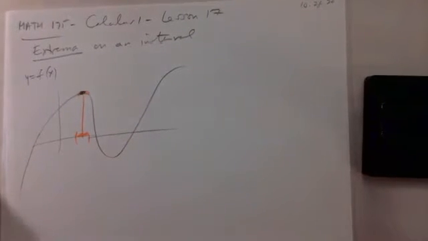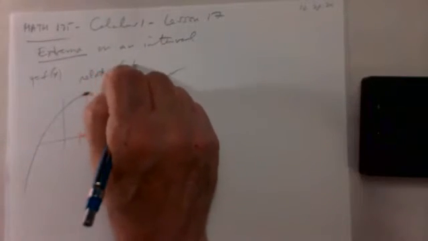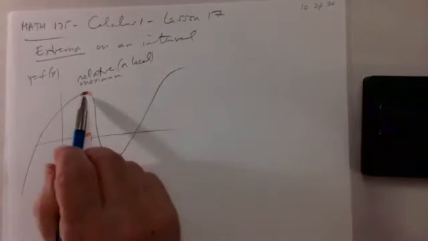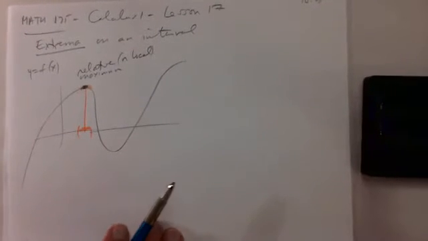So this is what is called a relative, or sometimes called a local, maximum. It means that around this point, the function is as large there as it's ever going to get.